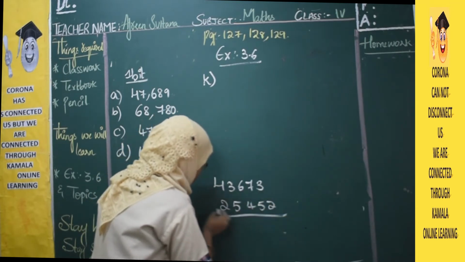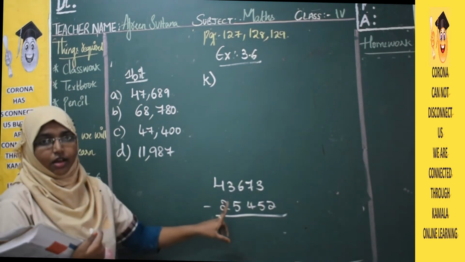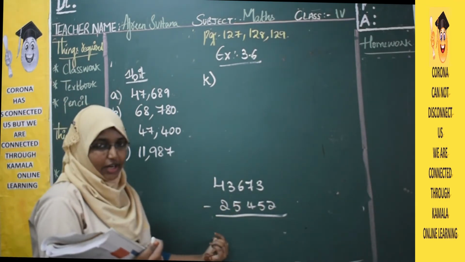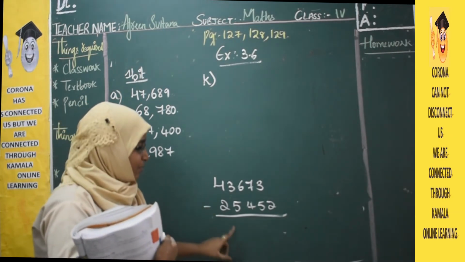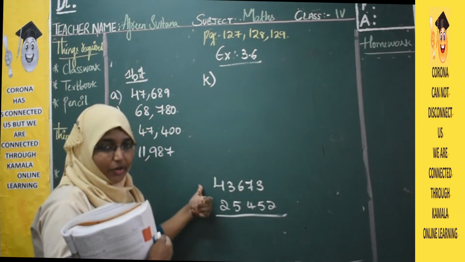This is our minuend, whereas this is our difference. We need to find the subtrahend. What is our property, or what is our rule? To find the subtrahend, we need to subtract minuend minus difference.